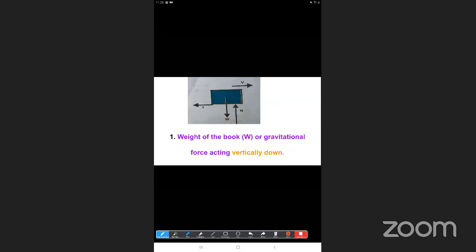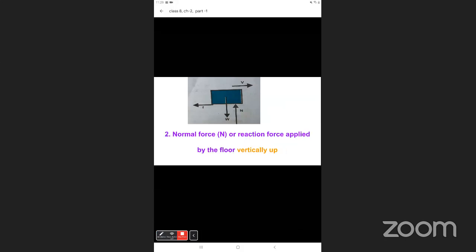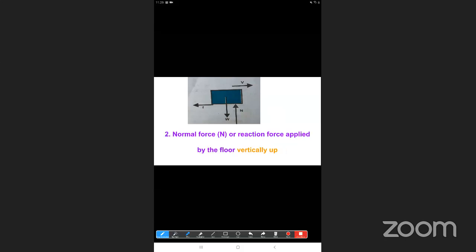Remember this point. Now, one more force acts in the vertical direction. That is the normal force or reaction force. This is applied by the surface of the table, or we can say the floor, and it acts on the book vertically up.